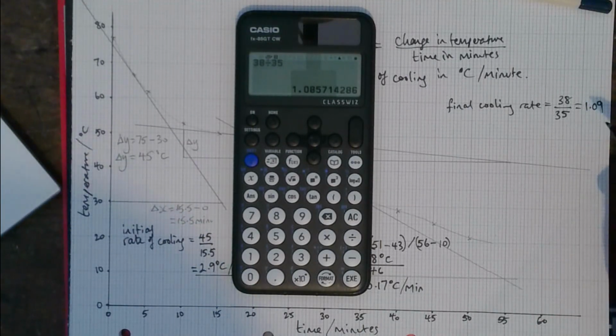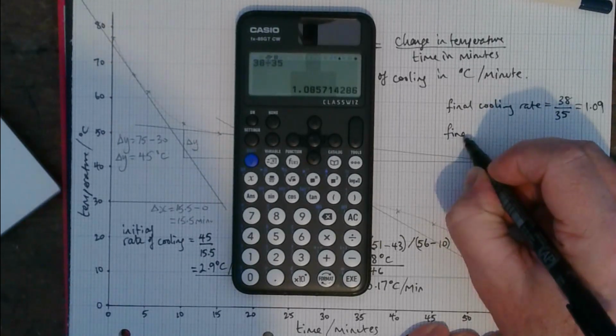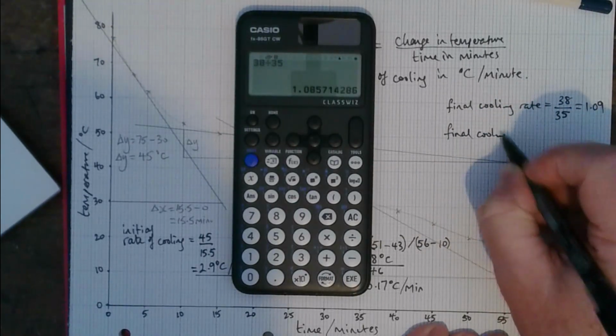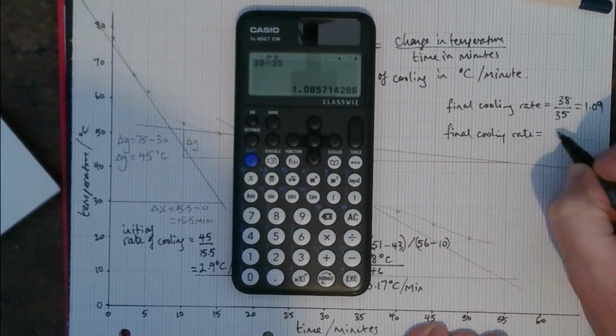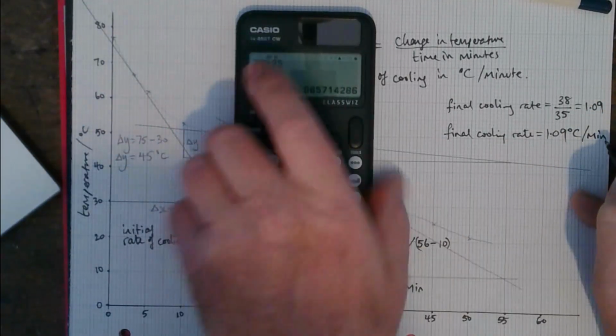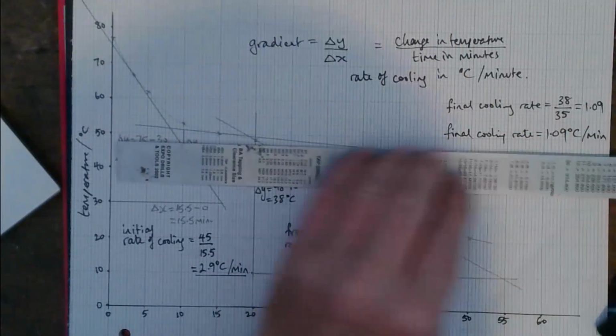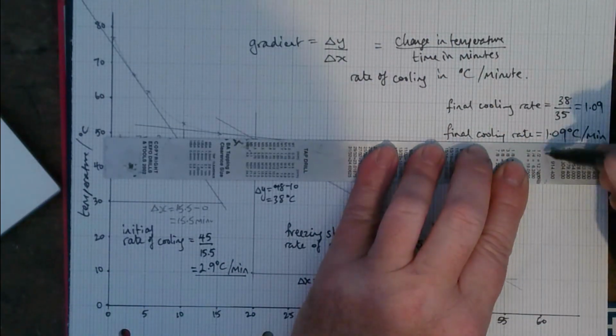I'm going to rewrite that because it's a bit cramped up there. So my final cooling rate equals 1.09 degrees Celsius per minute. We can check that's a sensible number because I've got 3 gradients.